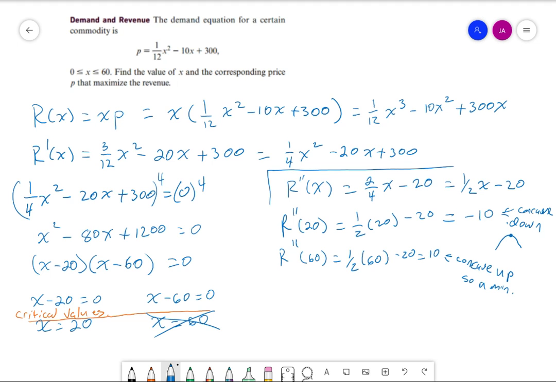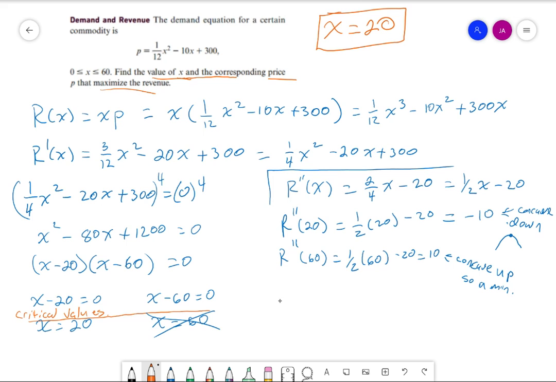So find the value of x that maximizes the revenue. That x value is equal to 20. That's the first part. So at 20 units being sold, we maximize the revenue. But now we need to answer one more question, which is, what is the corresponding price that maximizes that revenue?